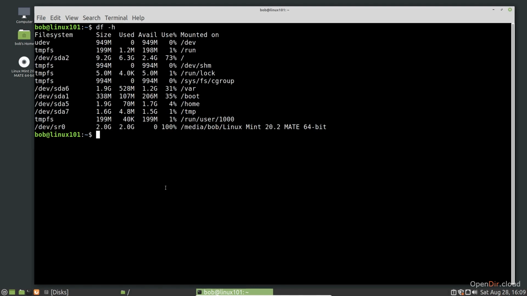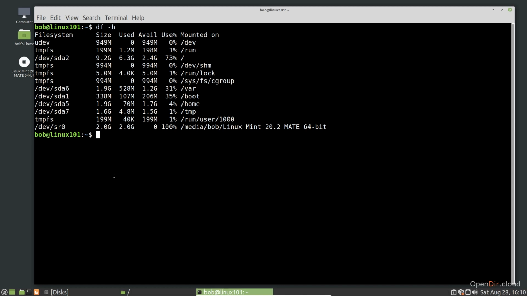I use the -h option to make the output more human readable and display the size using units such as megabytes and gigabytes. We can see the size of each mounted file system, how much storage space is used, and the amount of space available for use.